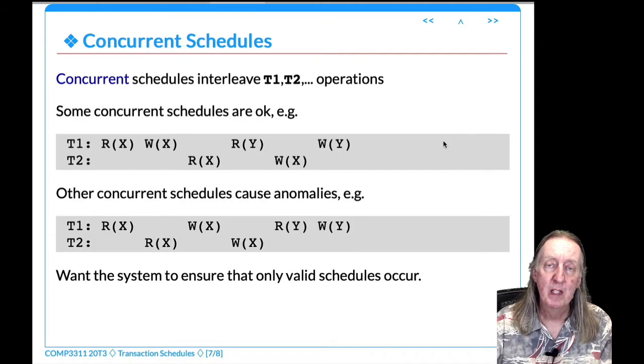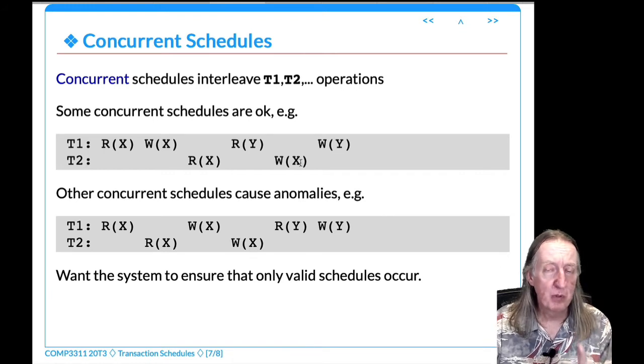Okay. Concurrent schedules, however, can interleave the operations in arbitrary ways. Now, it turns out that this interleaving of operations can be harmless, and it will produce the same effect as if we'd run T1 and then we'd run T2.